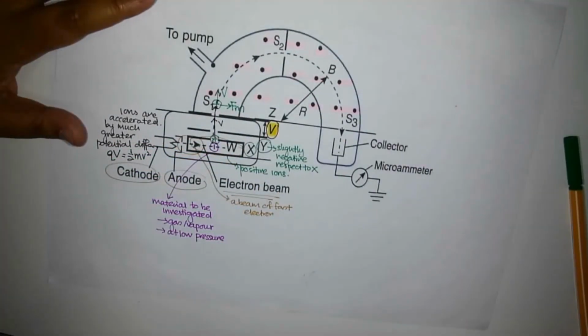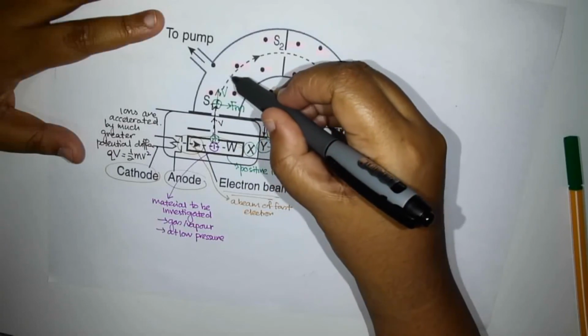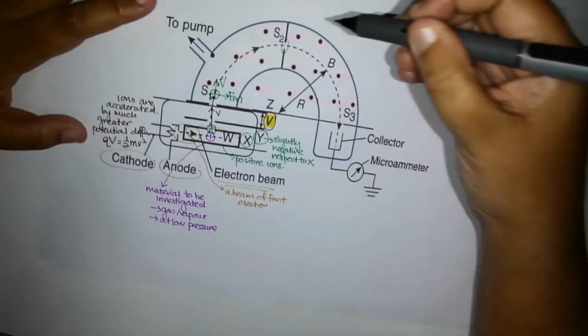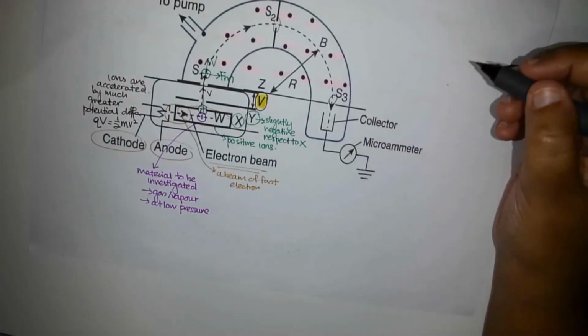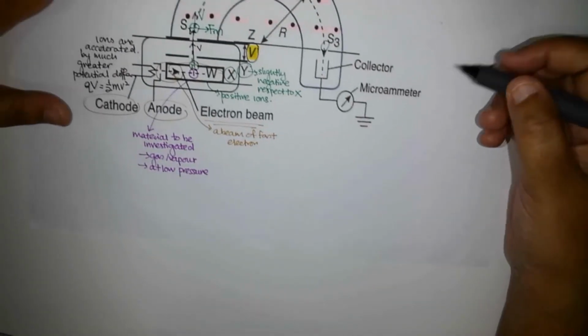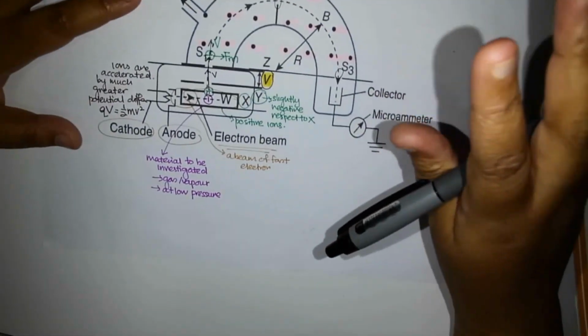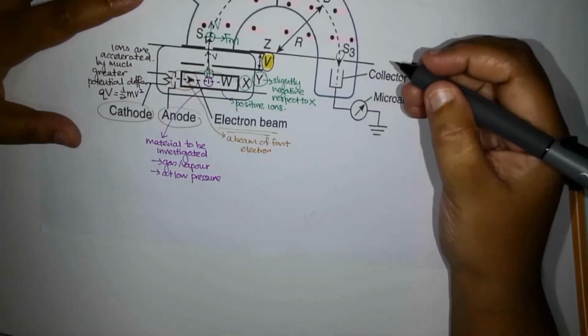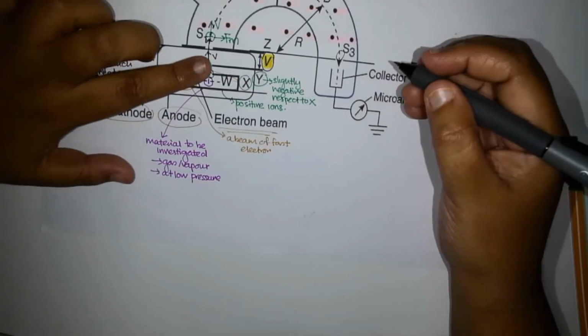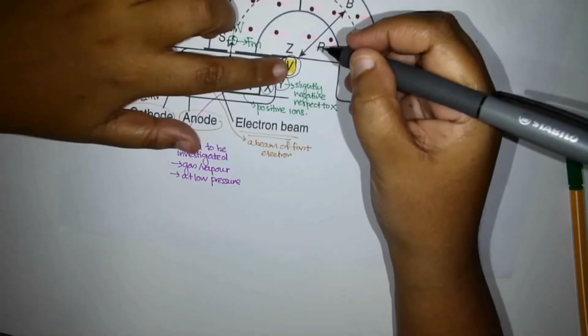In order for the positive charge to pass through slit S2 and slit S3, there is a condition where we have to make sure the ion passes through. We have to control our potential difference V here.